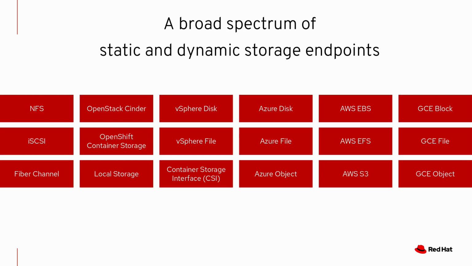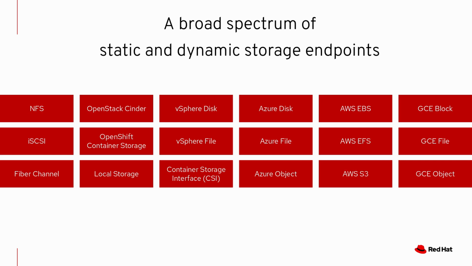So the storage. We have a lot of options to choose different storage technologies, depending really on which infrastructure you will deploy OpenShift. If you deploy OpenShift in public cloud, you will have out of the box full integration with the storage which is available in the cloud.